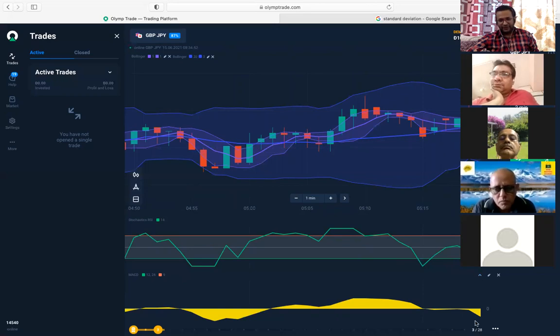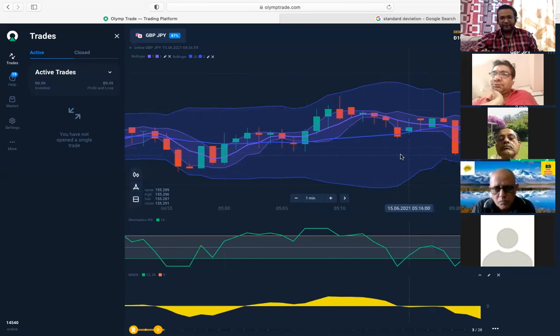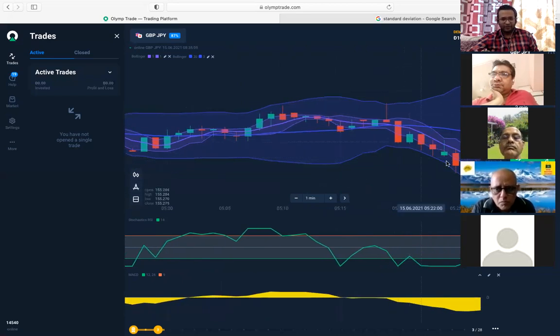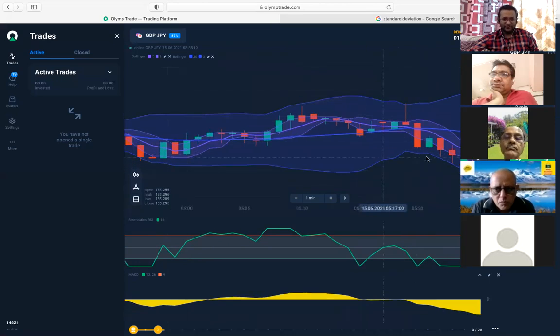Histogram is also confirming, sellers are in picture. We will put a 2-minute down trade and we will win that one also. First minute, your heart will be pumping hard, but second minute, it will start going down and you will win by a little bit of margin. And later on, the market goes down only. But later on, you don't have to trade. You have to just win that trade once only.